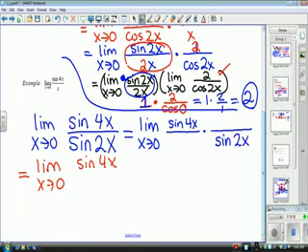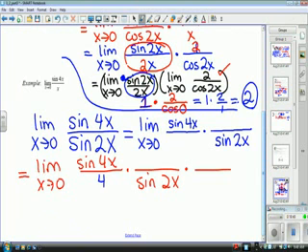So I'm going to put the extra stuff here. So you're telling me that I need what right here? 4x. So you tell me to put a 4x right there? We all right with that? This needs a 2x.